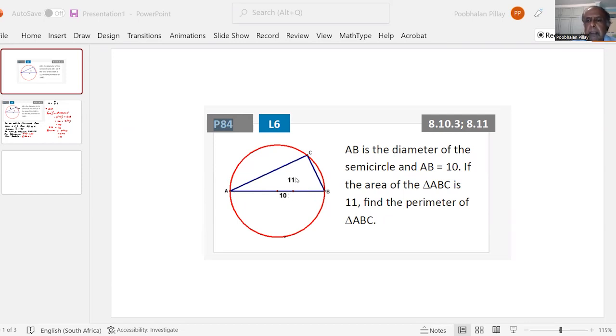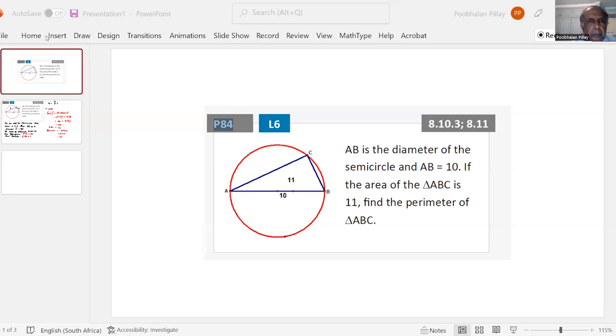The area of this triangle is given, and we are to find the perimeter of triangle ABC. All right, so we know that AB is a diameter, we know its length, and we know the area of this triangle. So there are 3 things that you know, and you are asked to find the perimeter.